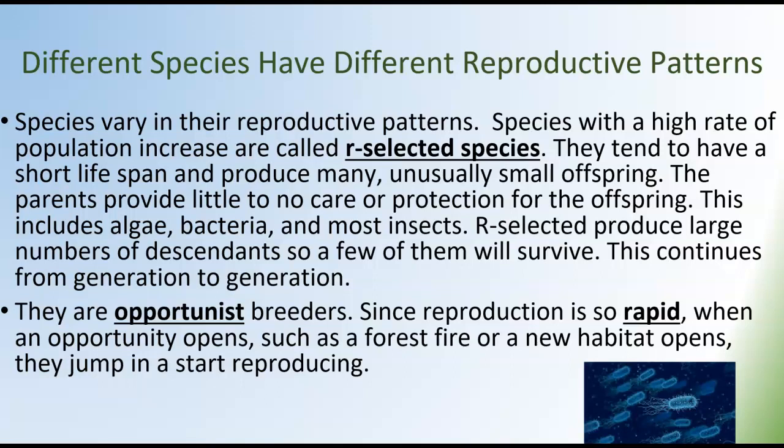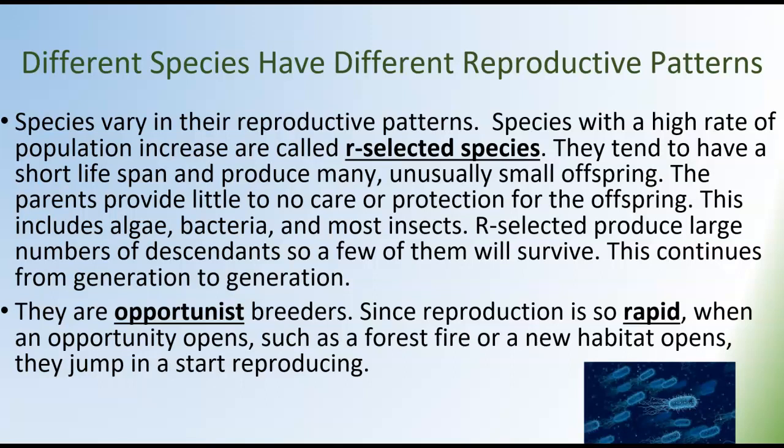Algae growing in a pool or a pond, bacteria, and most insects are R-selected species, and they produce large numbers of offspring, and only a few of them survive. That continues from generation to generation.